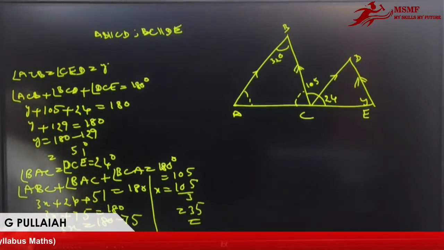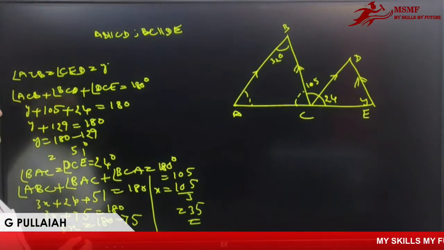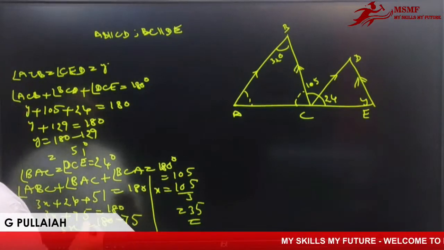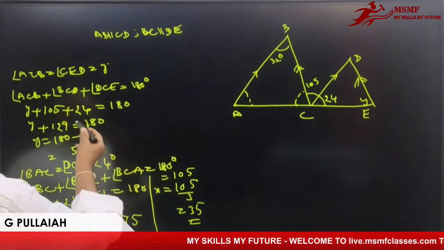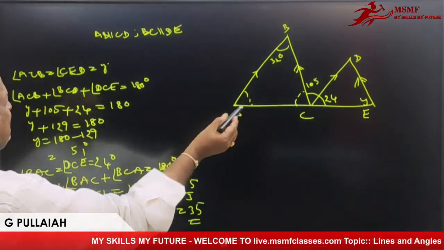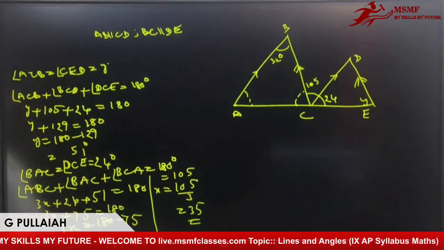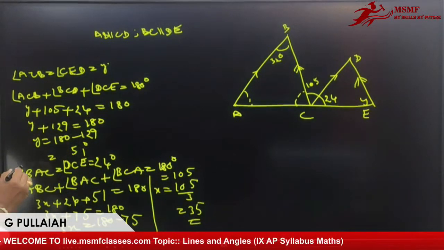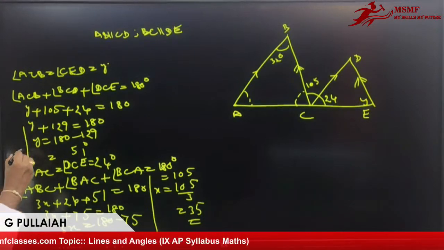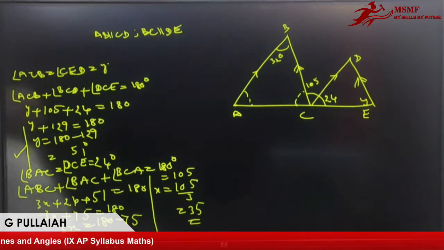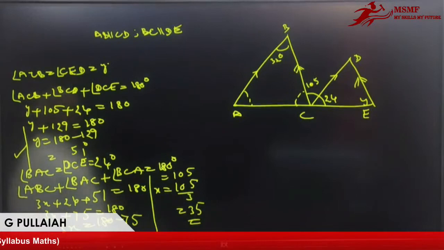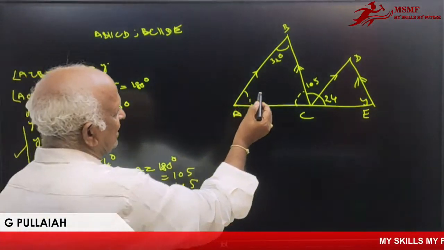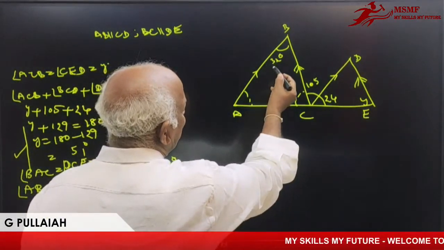Angle ACB is y, BCD is 105, and DCE is 24, that is equal to 180. Solving the equation, we arrive at angle y equal to 51 degrees. It's over. Now after y, we are expected to find the value of x.